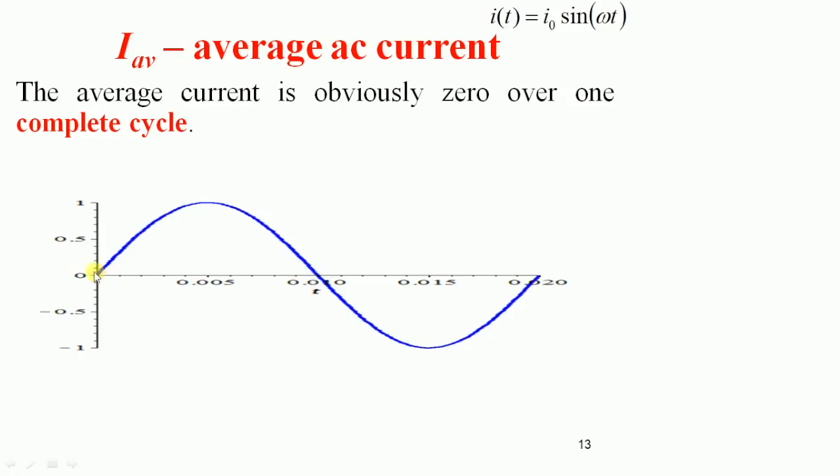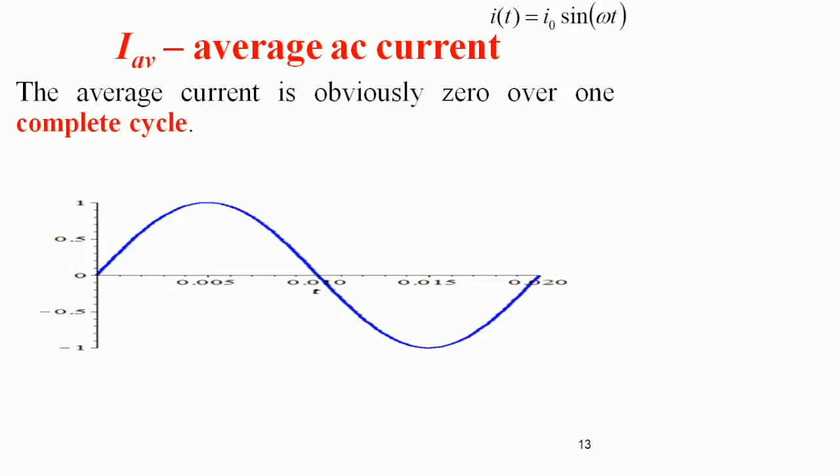Both the contours above the time axis and below the time axis are symmetric and opposite, and one can easily conclude that the average of such a contour, one complete sinusoidal cycle, will be zero, and obviously the average current in the circuit in one complete sinusoidal cycle is zero.